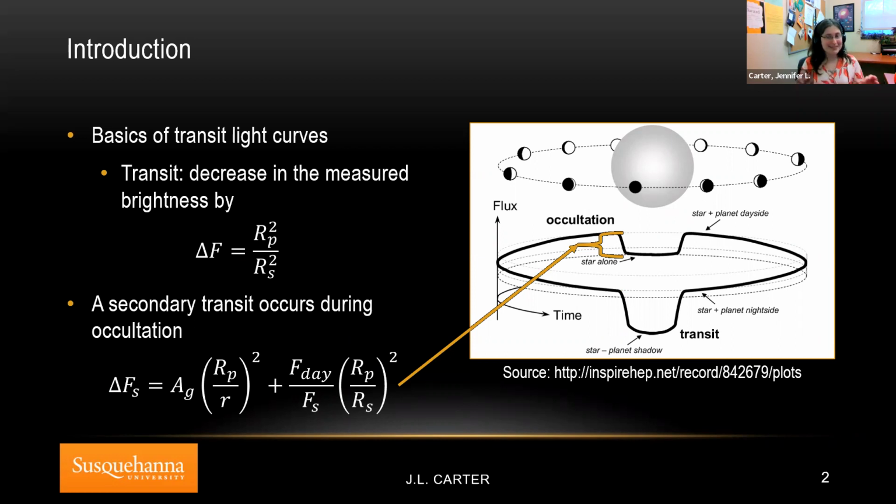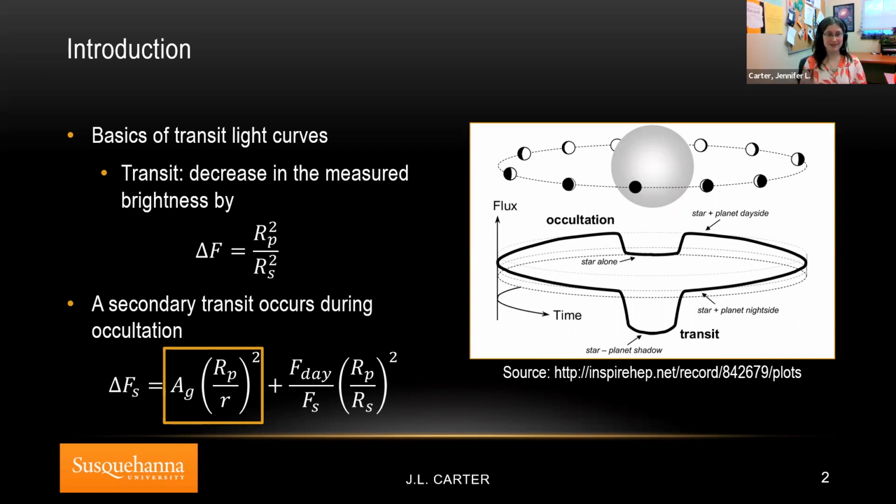Very broadly speaking, these come in two main forms. It's the addition of the reflected light, which depends on the geometric albedo, AG. I tell my students this is how shiny the planet is. Shinier planets, of course, reflect more light. It also depends on the size of the planet.